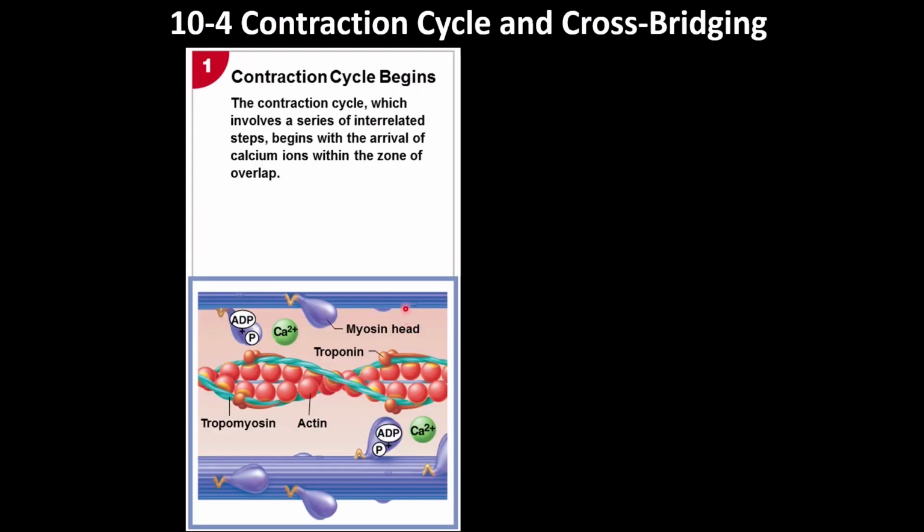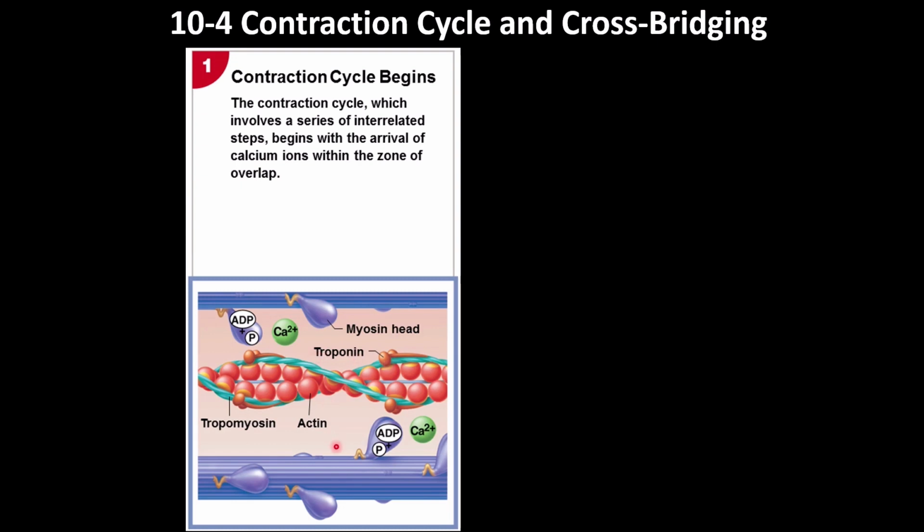If you look at it from the side to see what's going on in the contraction cycle, here you have the F-actin strand and the G-actin molecules. This is the nebulin, and this is the tropomyosin that covers the active site of actin, and the troponin is keeping the tropomyosin there. So when there is no calcium, nothing is going on.